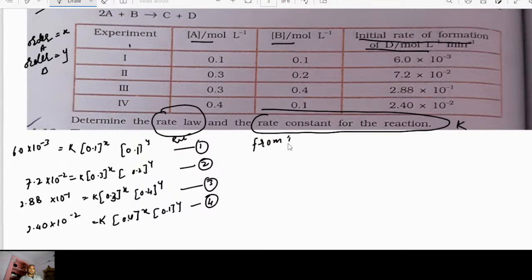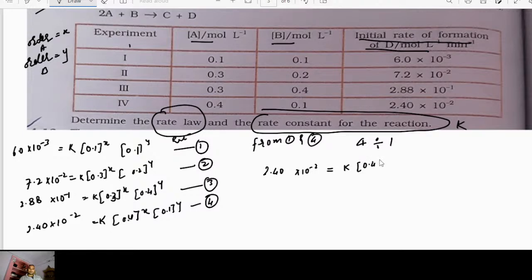Which one is the larger one? The fourth equation is the larger one. So divide 4 by 1. So equation 4: 2.40 into 10 power minus 2 is equal to k. What is there, student?